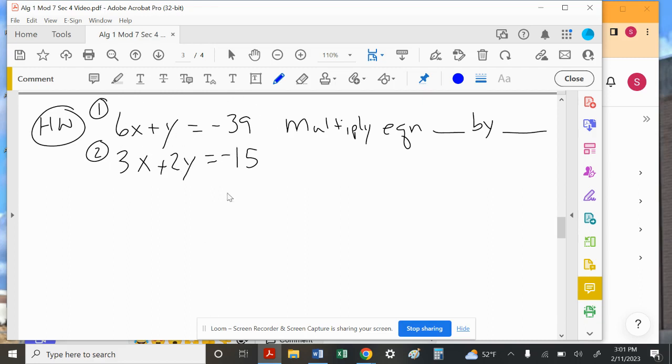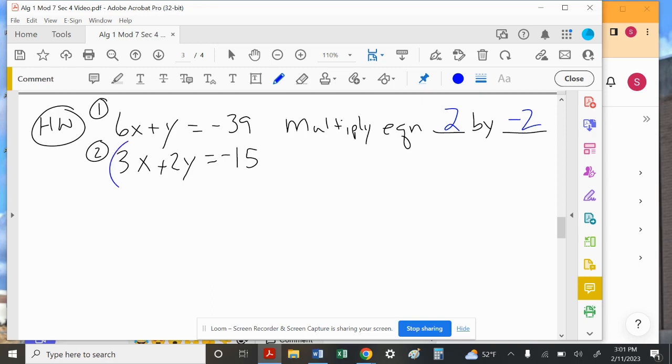Or I can multiply the second equation by negative 2 and cancel out the x's. So it depends on which way that you prefer to do it. Now, if I'm dealing with a bigger number, I probably don't want to make it even bigger by multiplying it. So I'm going to do equation number 2 just because I think it's easier. But again, it does not mean that it's the only way to do it.